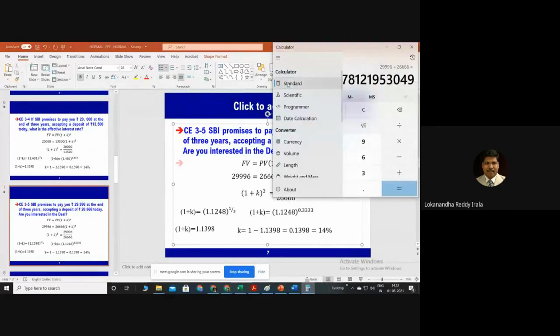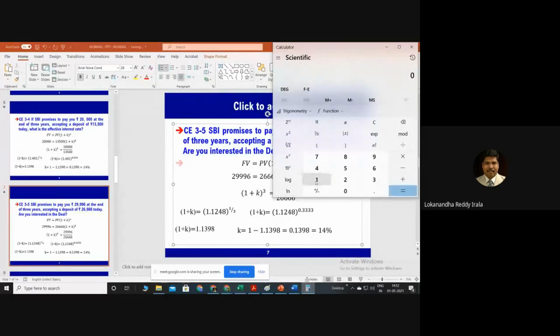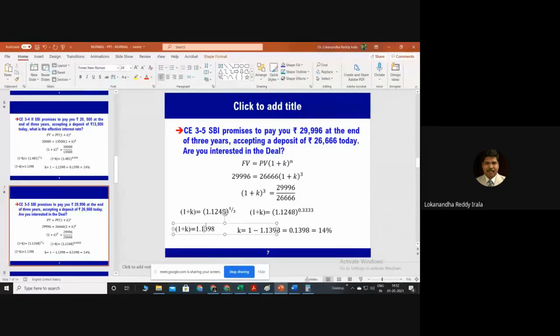So let us go to the scientific calculator. 1.1248 to the power of 0.3333. So 1.0399.